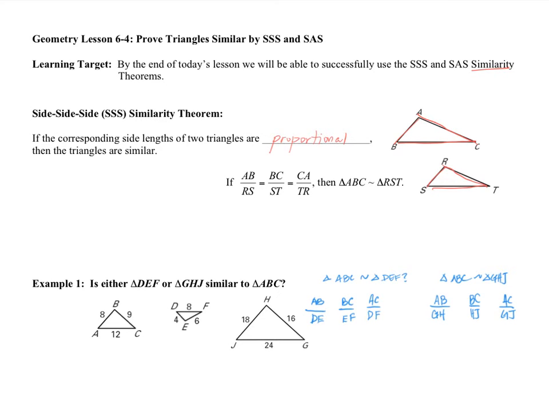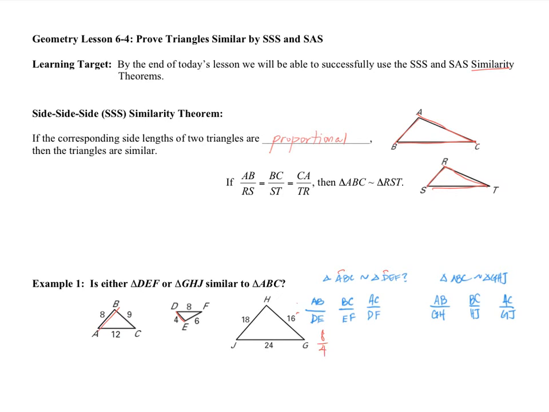Well, I'm going to first check whether triangle ABC is similar to triangle DEF by checking whether the ratios of the corresponding side lengths of these two triangles are equal to each other. So, first of all, I set up the corresponding side lengths. AB corresponds with DE. We need to look at the letters in the statement, and not be fooled by the picture.